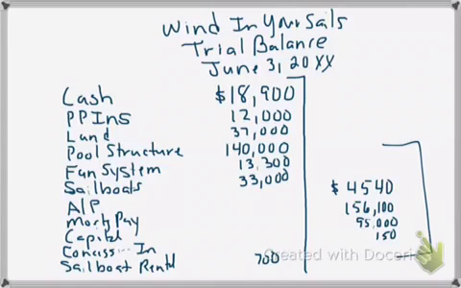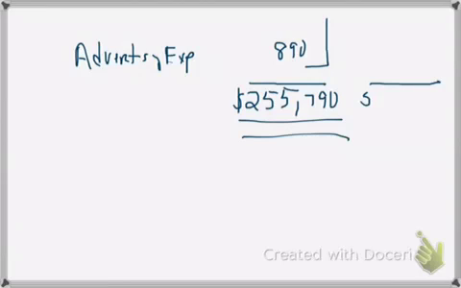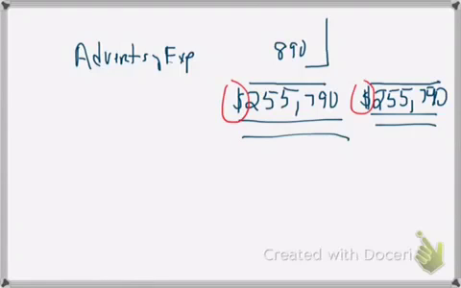When I add all of those accounts up, what I get is $255,790. Now, again, I end this with a dollar sign on both and a double underline. Alright, that's very, very important. You have to have that.